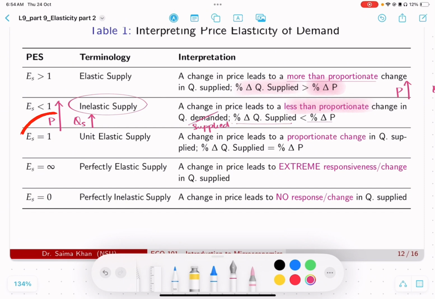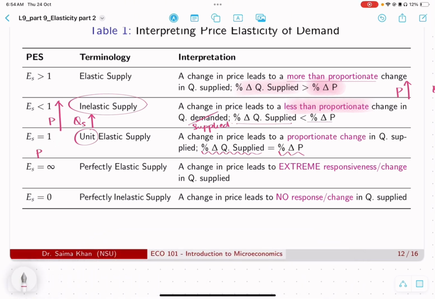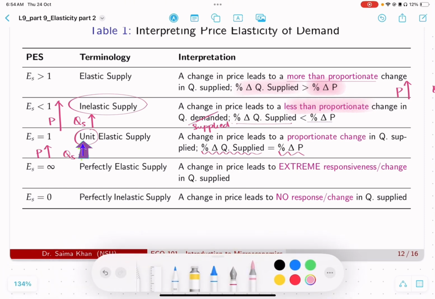Okay. Next, when we are talking about unit elastic supply, remember I have called this a benchmark really. So we're saying that the percentage change in quantity supplied is the same as the percentage change in price. So if we were to use arrows, what we are saying is that if the price goes up like this, quantity supplied would go up by the same proportion. So we're talking about a proportionate change.